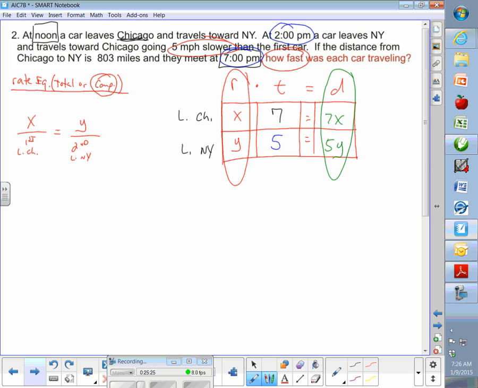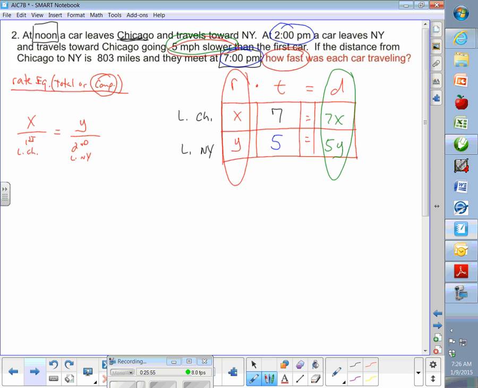So here's what's going to help you to deal with this 5 miles an hour slower. We got to figure out where to put the 5. Do you put it with X? Do you put it with Y? Do you add it? Do you subtract it? Okay, here's the way to make it easy.